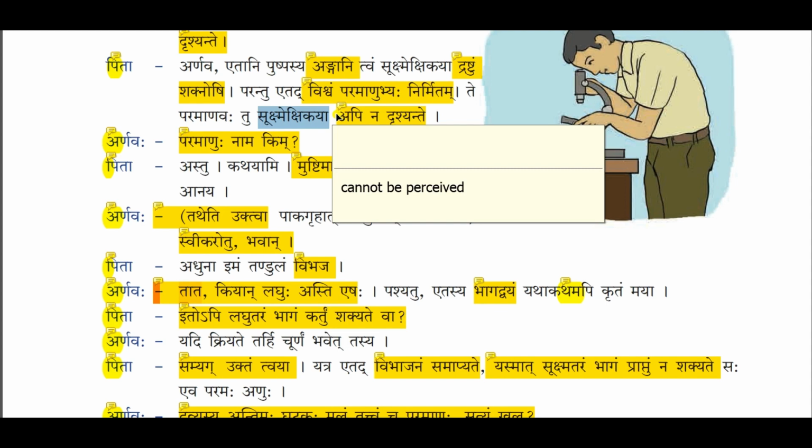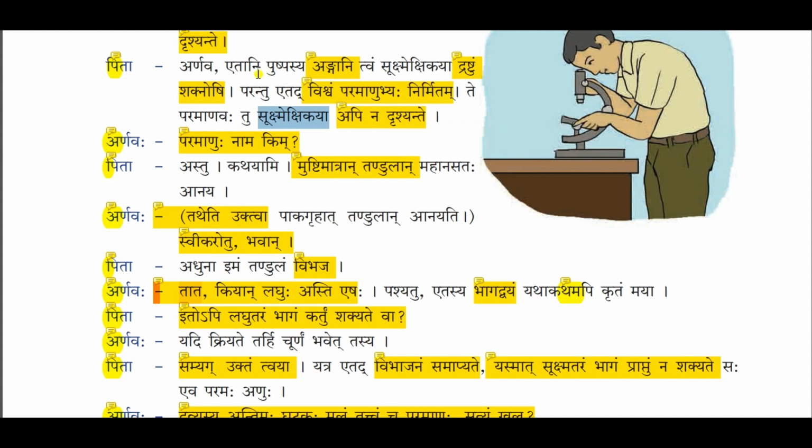So you can see these parts of flower through microscope, but this universe is made of atoms, and those atoms you cannot see even with a microscope.